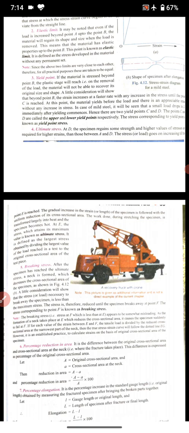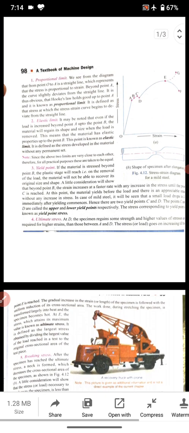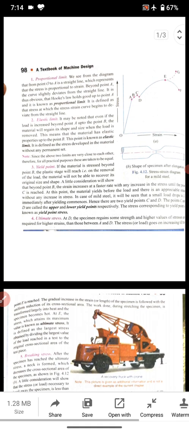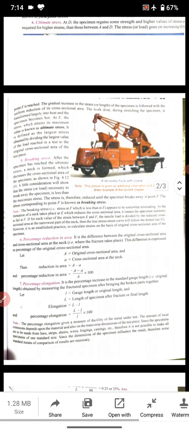So you should divide by the reduced cross section area, but you are not doing this. You are dividing by the original cross section area A. That's why you are getting the point F value. But if we divide by the necked area, that is the narrow area, you will get point G.